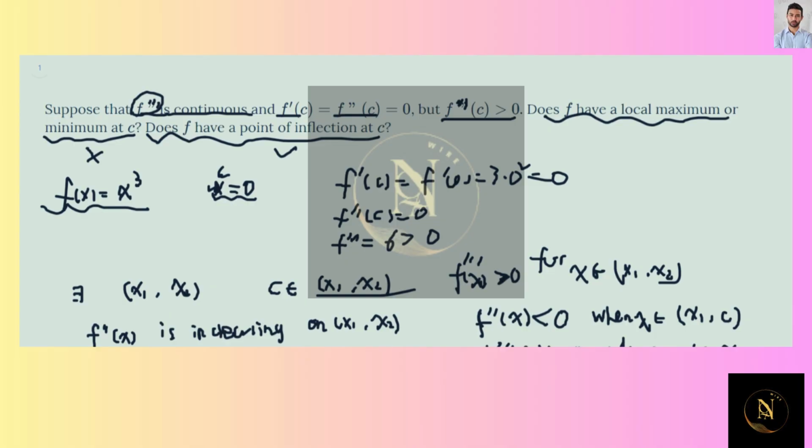So the second derivative changes signs at c. So f has a point of inflection at c.